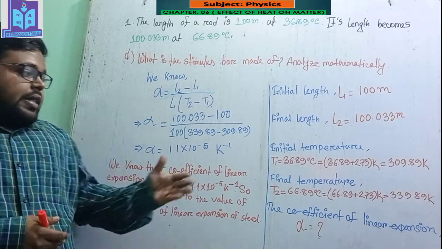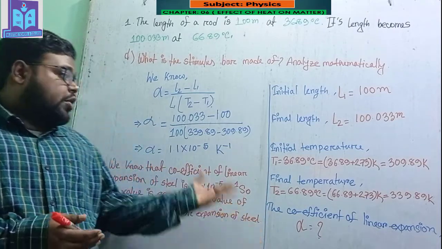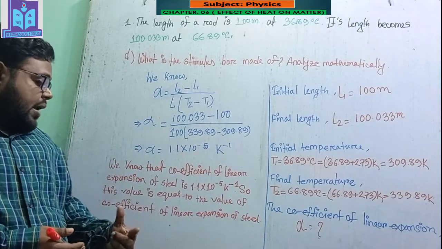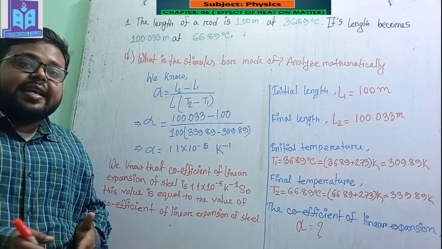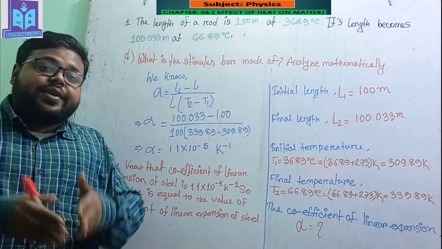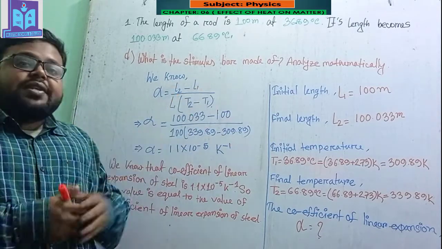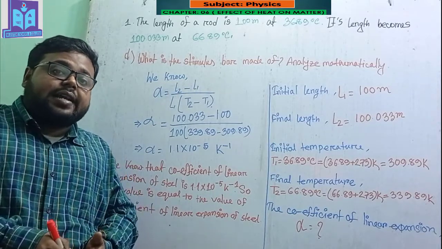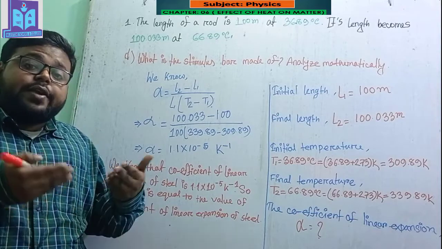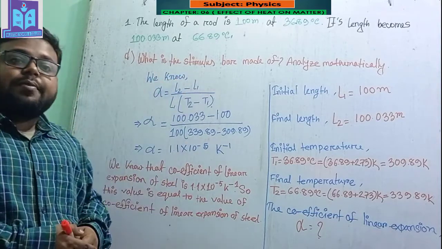So the coefficient of linear expansion of this bar is equal to that of steel, and that's why we can say that this bar is made of steel. I hope you understand how we can find out which metal this bar is made of.